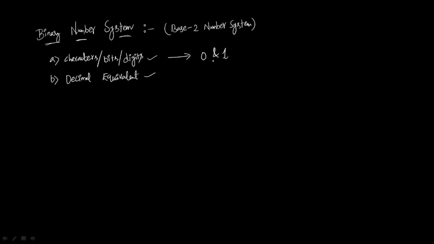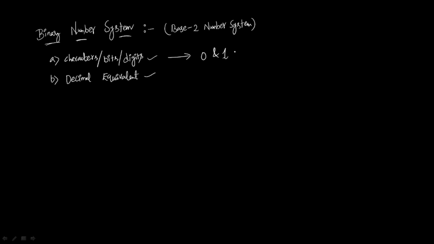So these two are the bits or digits or characters which are used to represent any number in a binary number system. Hence, here we have two digits. It is called the base 2 number system. This is one reason why we are calling this a base 2 number system.